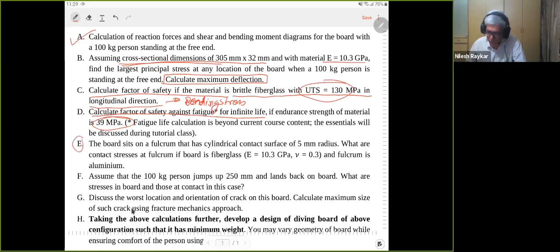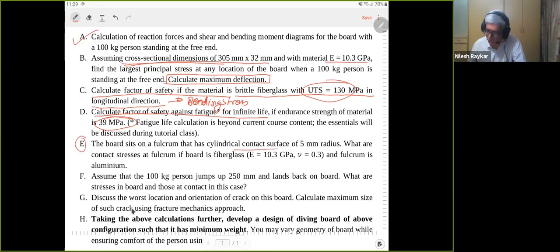Okay, part E is related to contact stresses. You have been given the fulcrum radius and the board is flat, so it is a cylinder versus flat plate contact stress situation. The force acting at these contacting bodies will be equal to the reaction at that fulcrum point.